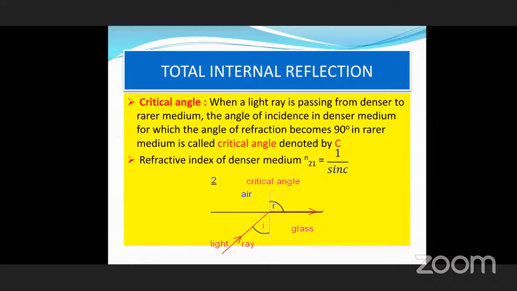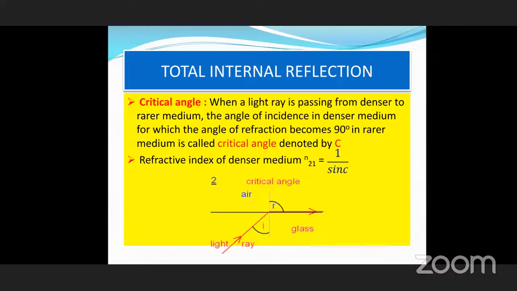So the incident angle in the denser medium, from which the angle of refraction becomes 90 degrees in the rarer medium. The refracted angle should be taken in the rarer medium, and the incident angle in the denser medium, while light is traveling from denser to rarer.